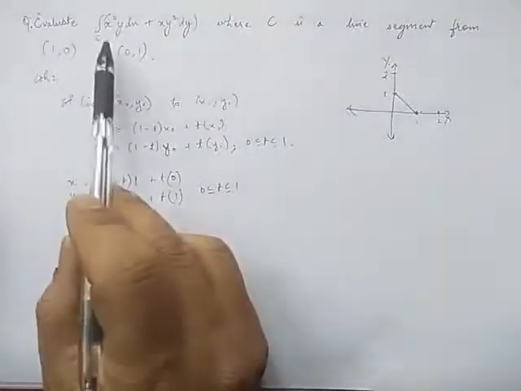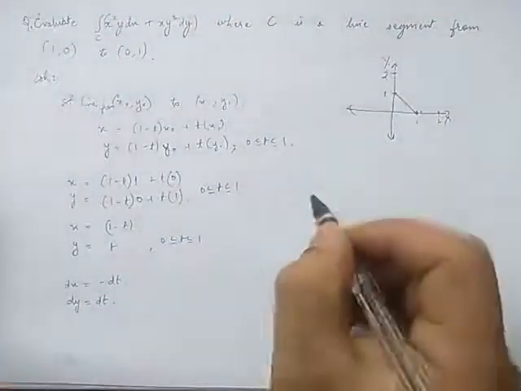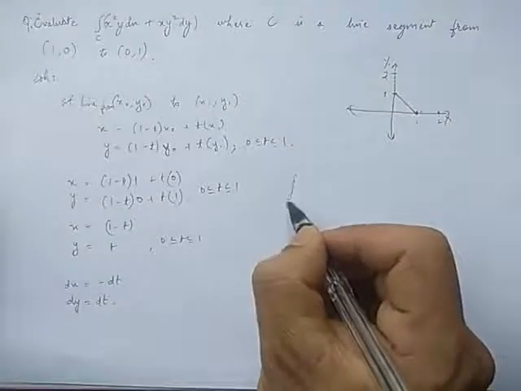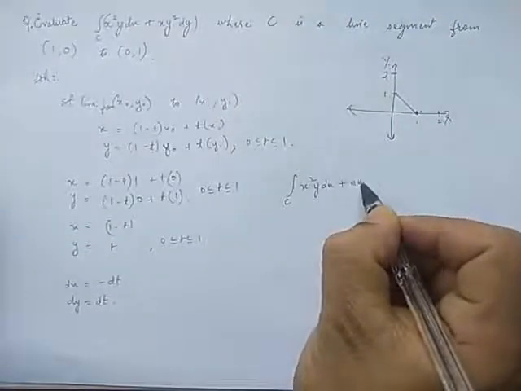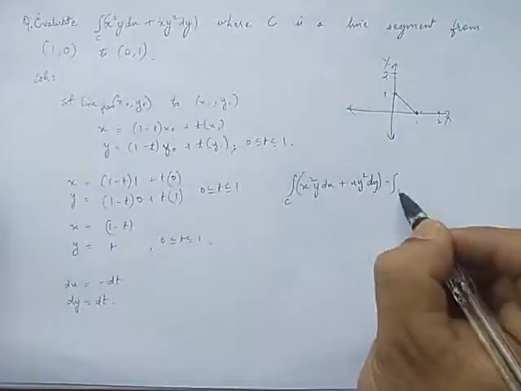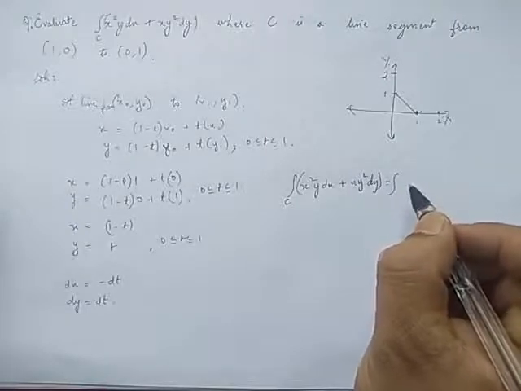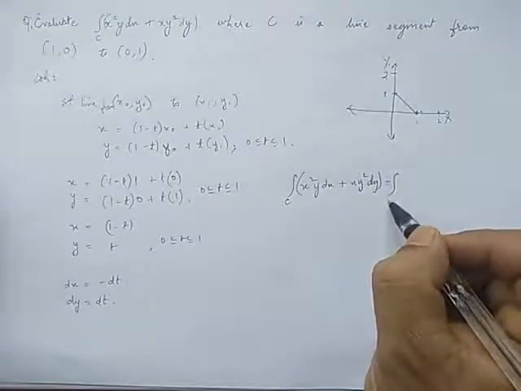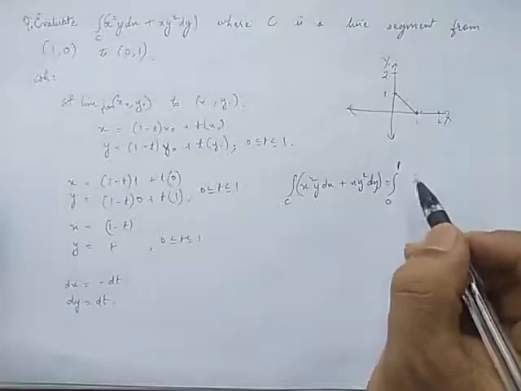So let's write here, the integral over C of x squared y dx plus x y squared dy can be written as the integral from 0 to 1, because I'm going to put everything in terms of t.